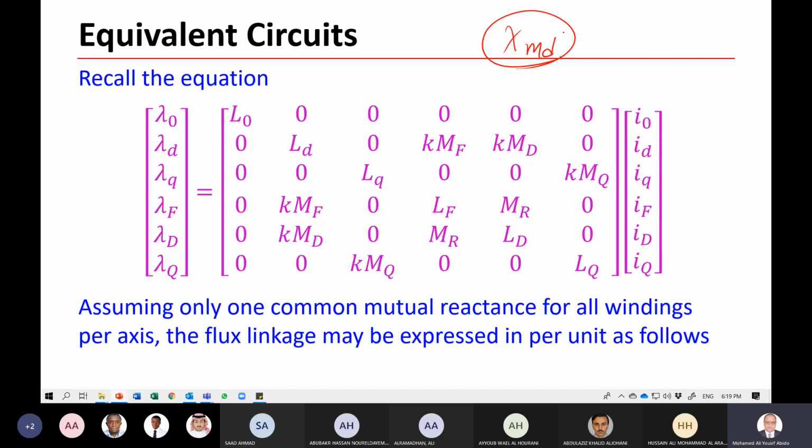What are the flux linkages there, or the mutual inductance there? We have the stator and the rotor. You have F, you have D, you have here D and Q. So we have here mutual inductance between these.